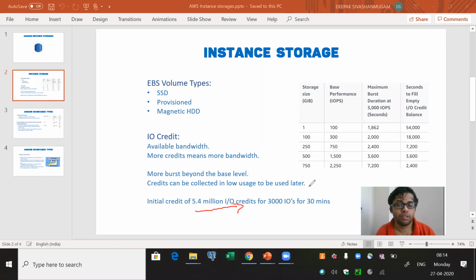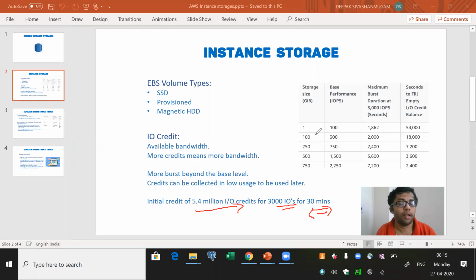That means if you have very high load at 3000 IOPS, you will be able to run for 30 minutes without any issues with the initial credit. And as and when you are not using your database much, you can keep collecting credits also.